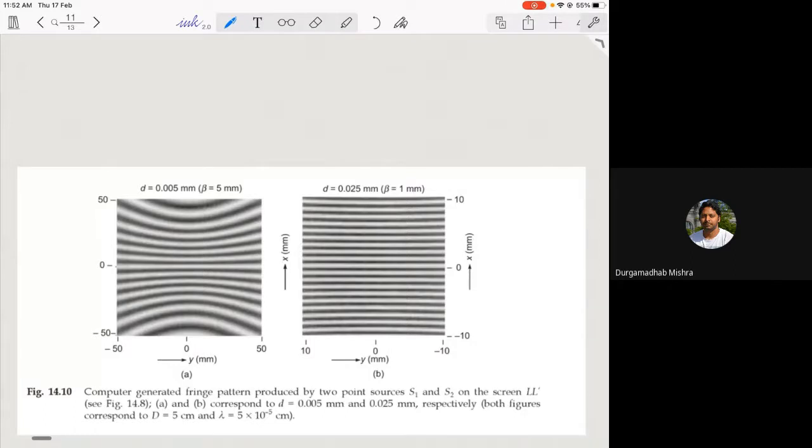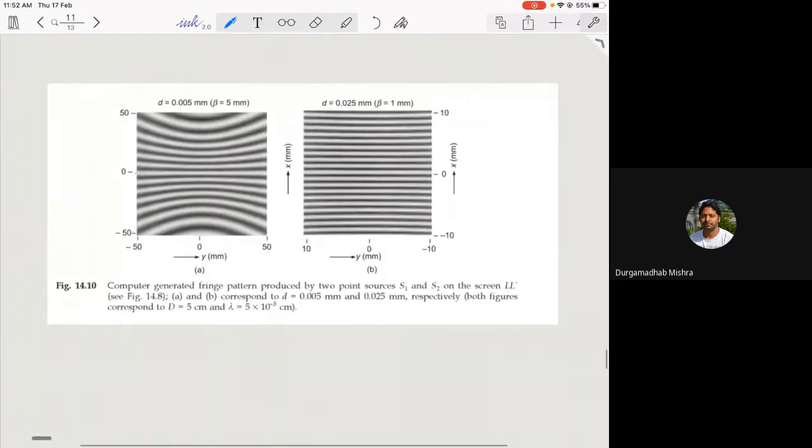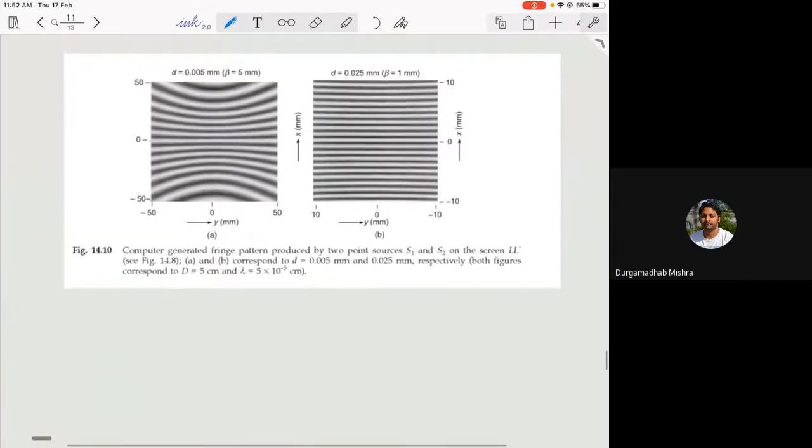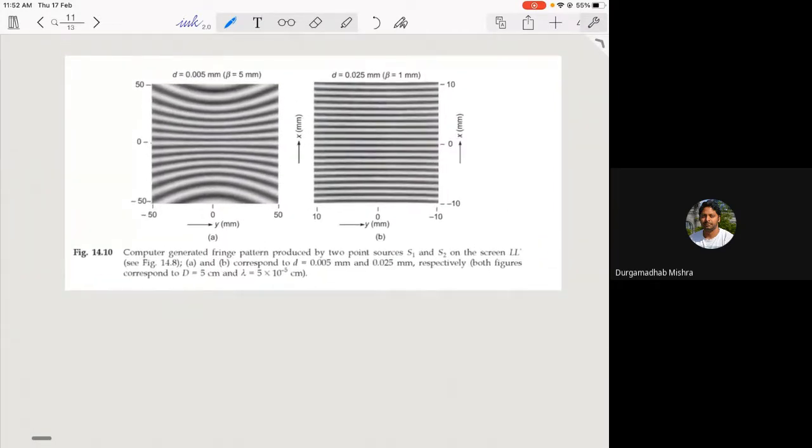Another interesting thing which happens. This is from the Ghatak book. All these figures that I am showing are from the Ghatak book.